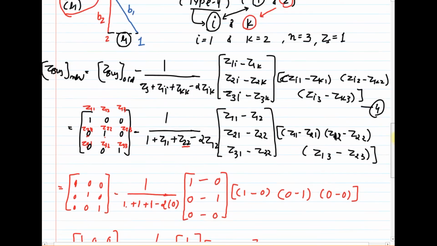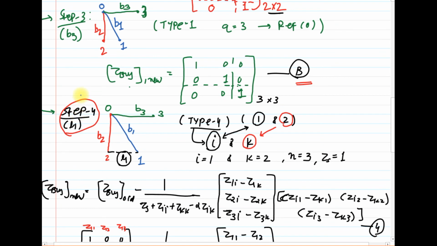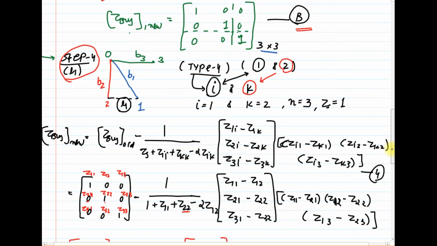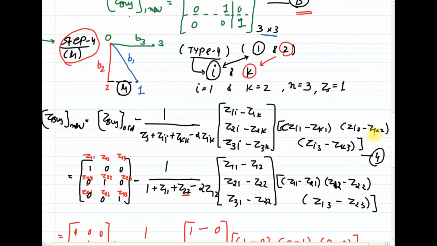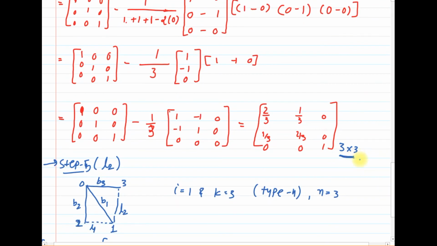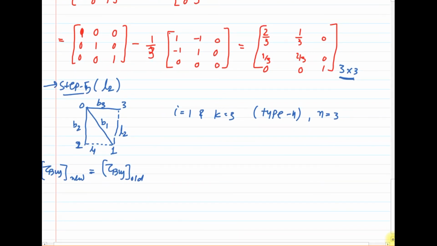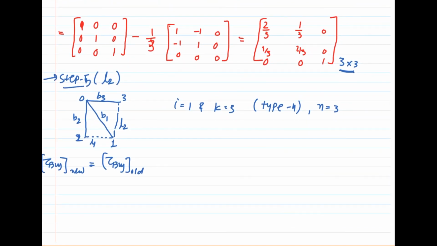See here, in the previous modification, before the step 4 modification, that means in step 3, the size of the ZBus matrix is 3 cross 3, and it remains as it is after addition of this link L1 between these two old buses, bus number 2 and bus number 1, as 3 cross 3. That we have already discussed in our derivation also and in the theory also.